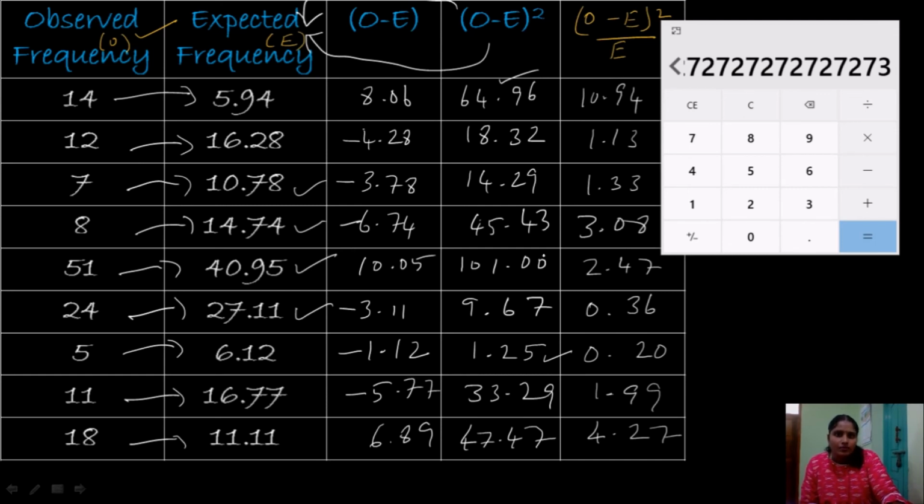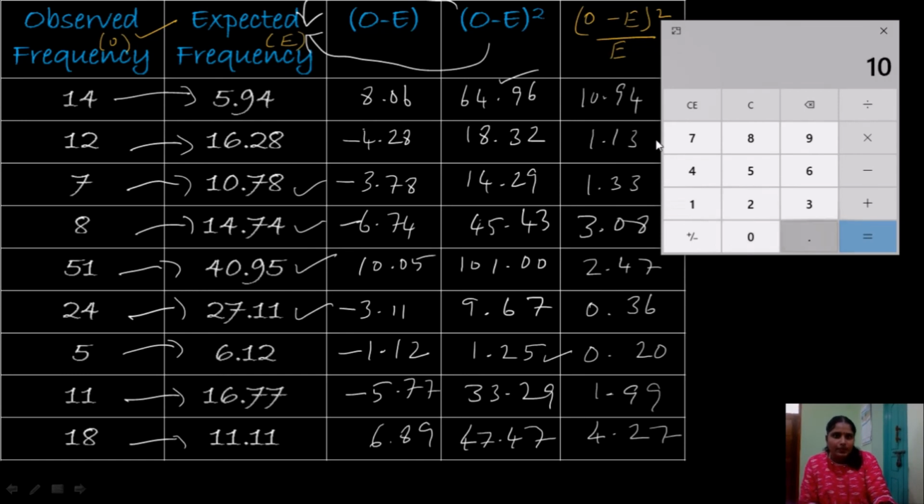Now we calculate this total value. 10.94 plus 1.13 plus 1.33 plus 3.08 plus 2.47 plus 0.36 plus 0.20 plus 1.99 plus 4.27.